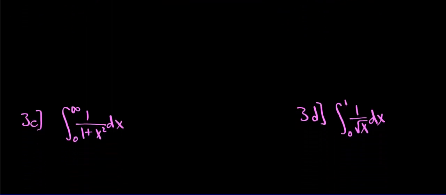Like for example here, this 3D, we have the integral from 0 to 1, and obviously there is a vertical asymptote at 0. So there's no infinity in the limits of integration, but there is an infinite discontinuity there.